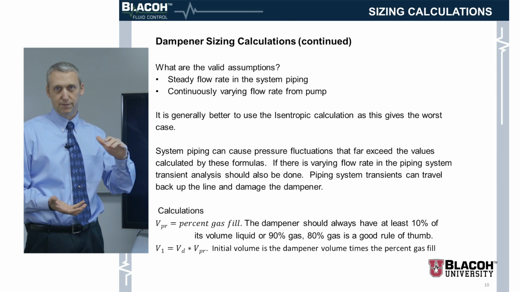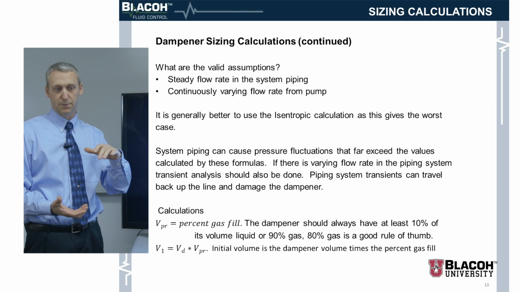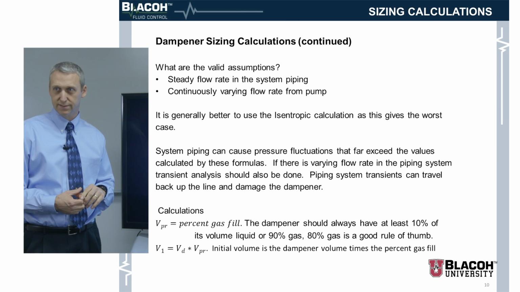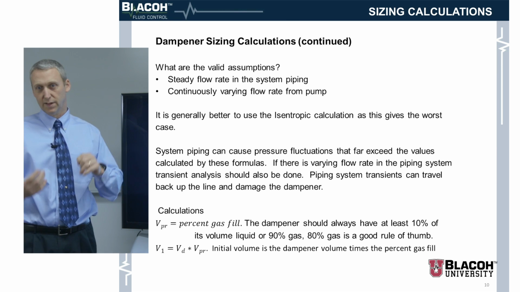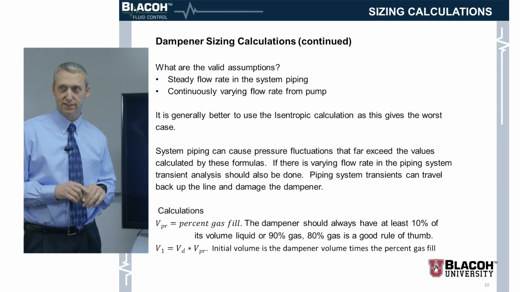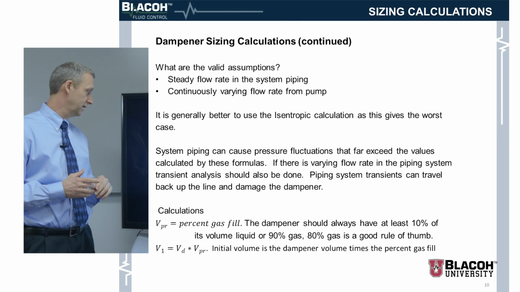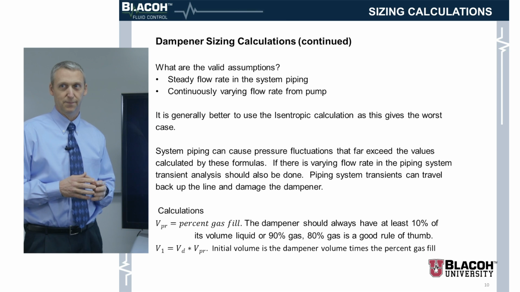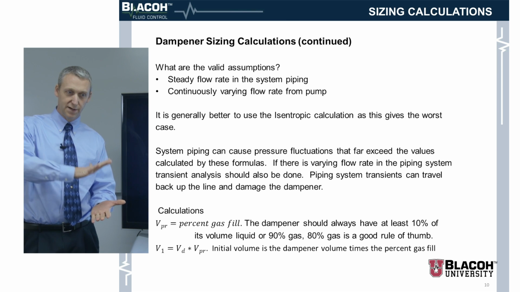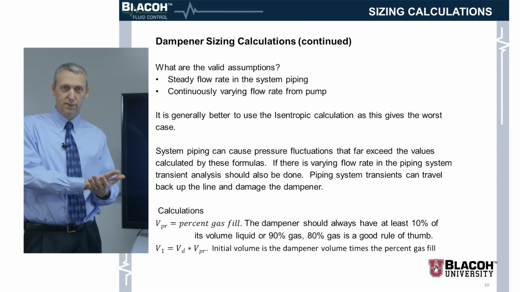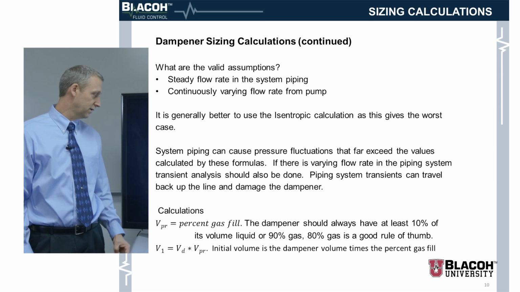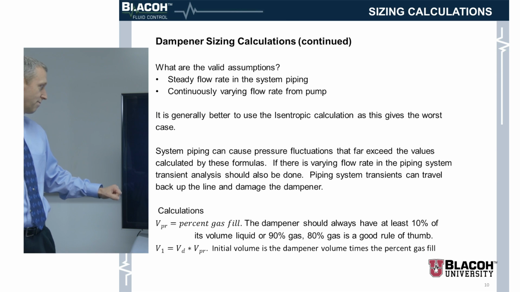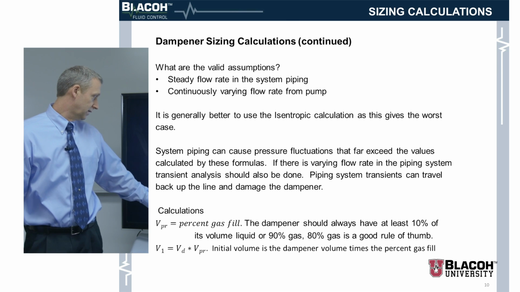So generally, we like to have the dampener, we figure about 80% gas and 20% liquid. You can go down to 90% gas and 10% liquid. That's fine. Don't want to go less than that, because if the bladder hits the bottom of the dampener, then you'll get an instant stop in flow, which is what we're trying to get rid of.